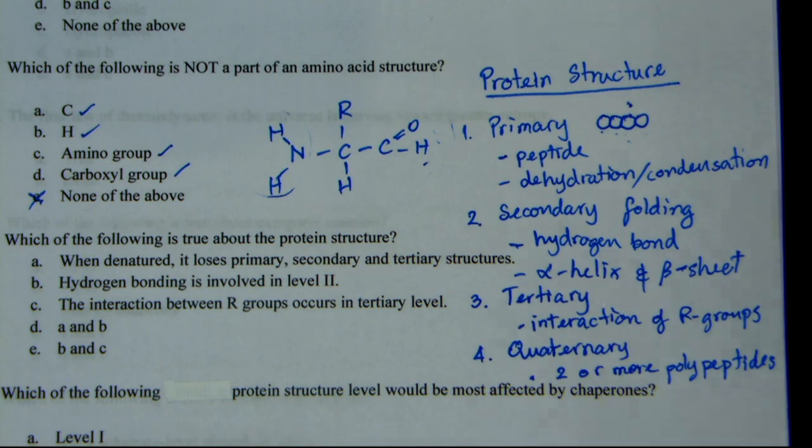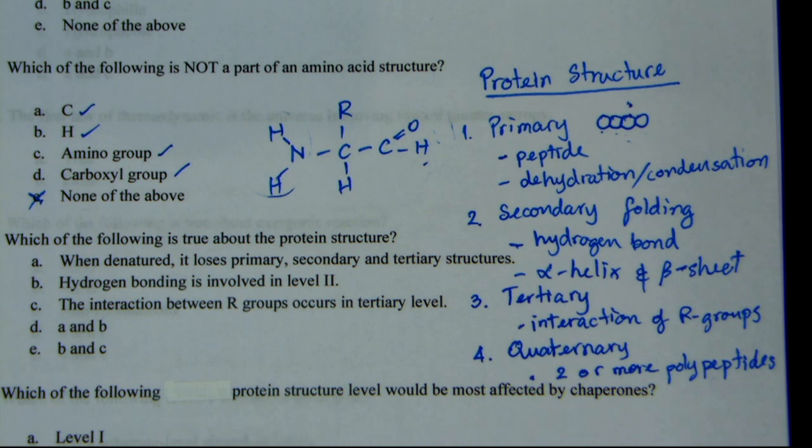So all of this information should help us answer this question. I'm just throwing this out, trying to get you the most information as possible. So which of the following is true about protein structure? So when denatured, it loses the primary, secondary, and tertiary.